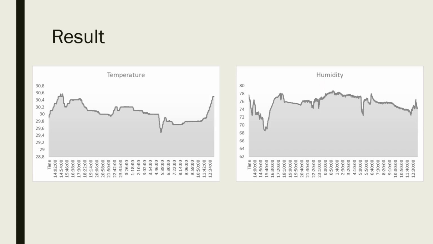On the next slide, we will explain the detection results of the model. On the left, this graph shows how the temperature changes over time. We took a sample of 20 hours of detection and made a graph of it.